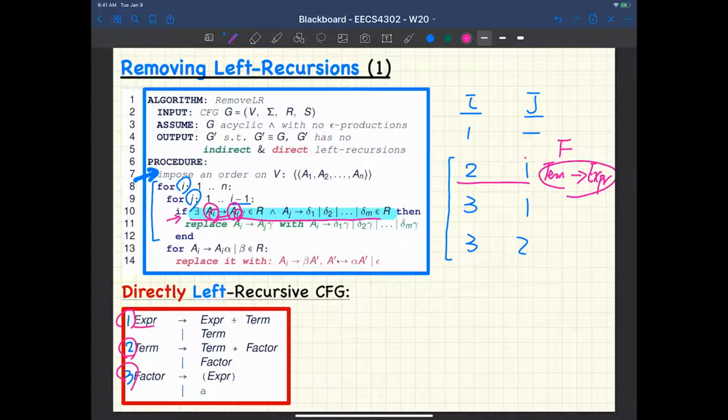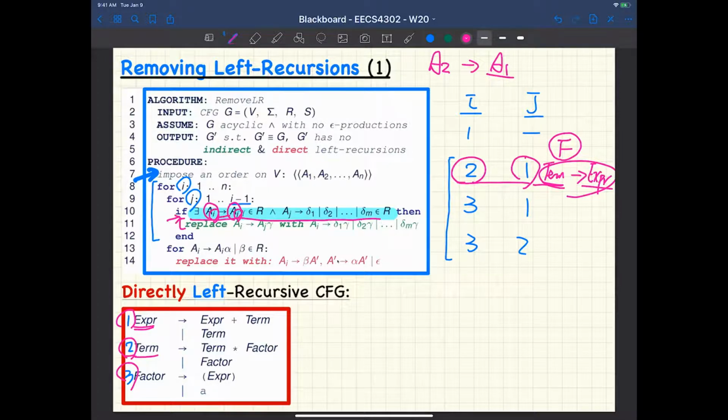For example, when i is equal to 2 and j is equal to 1, we want to find out if variable number 2 produces variable number 1. Variable 2 is term and variable 1 is expression. Do we have term producing expression? We don't, so it will just be false, in which case we don't do any replacement. That's the first one.